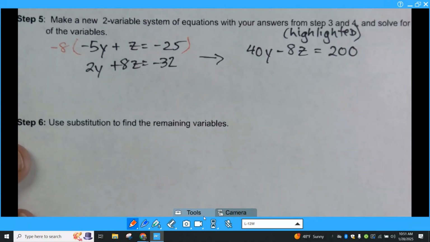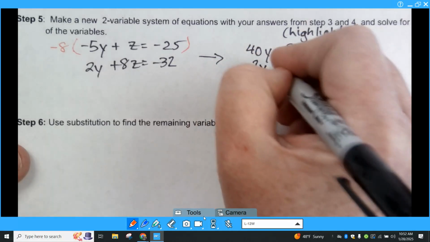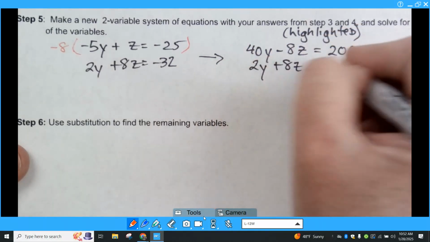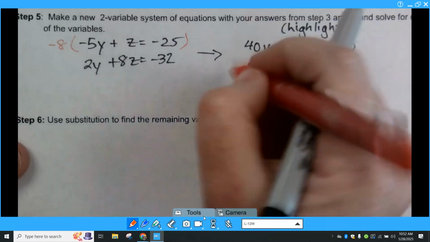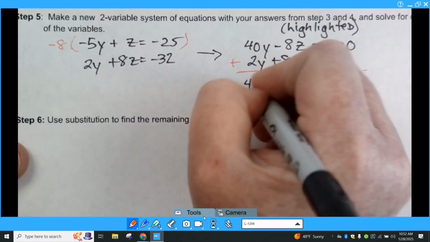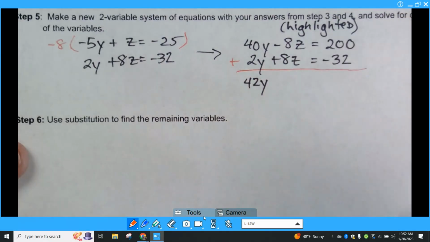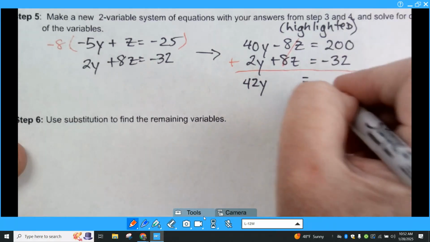The bottom I do not have to change. So I'm going to leave that as 2y plus 8z equals negative 32. And now I'm going to combine those. So I've got 42y. These are going to cancel, which is what we wanted, is equal to 168.